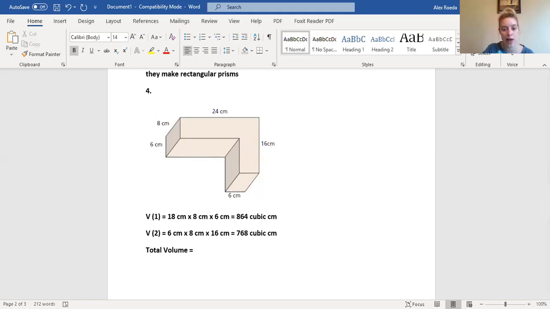Now I am just going to add 864 plus 768. And that's going to give me my total volume of that composite figure, which I'll give you guys a minute to add together.